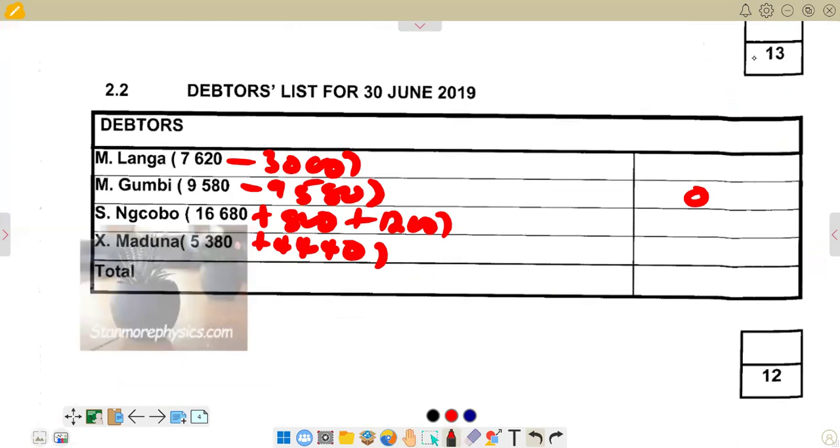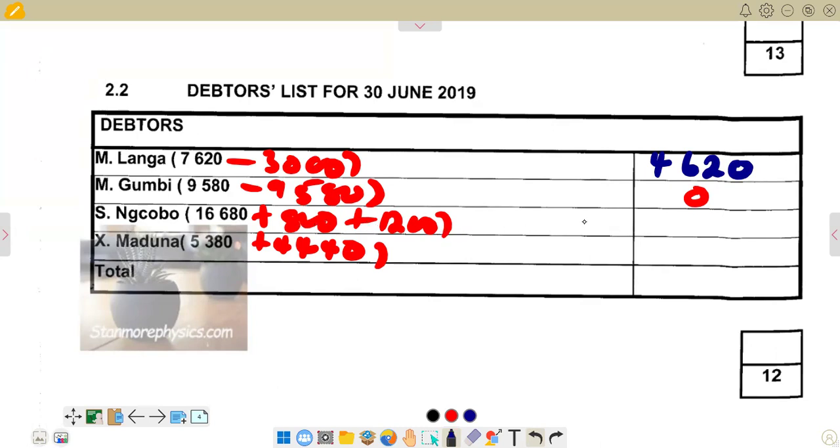Then we can check on the other adjustments that we are supposed to adjust and calculate the final figure. On the first part, when we say 7,620 minus 3,000, the amount that you are supposed to get here is 4,620. Then we have our 16,680 plus 800 plus 1,200.